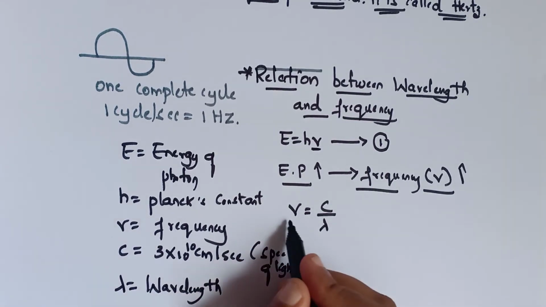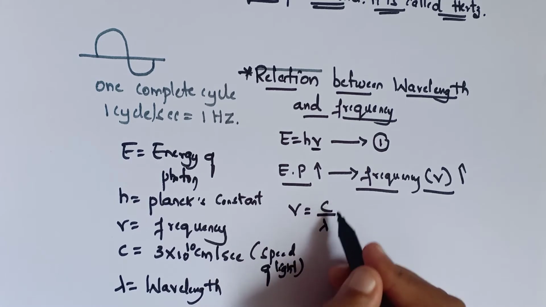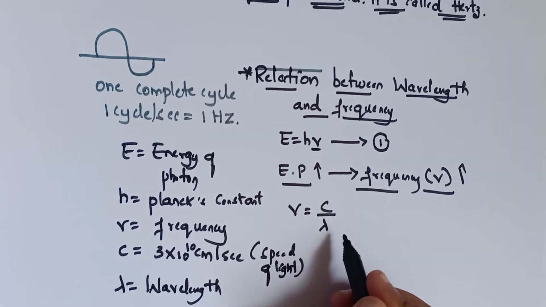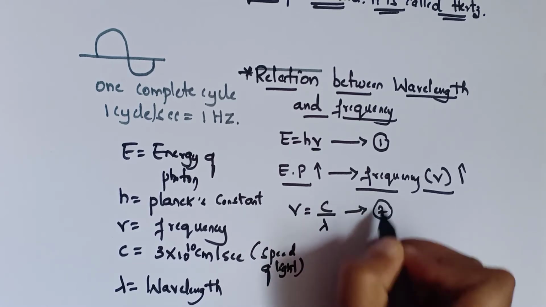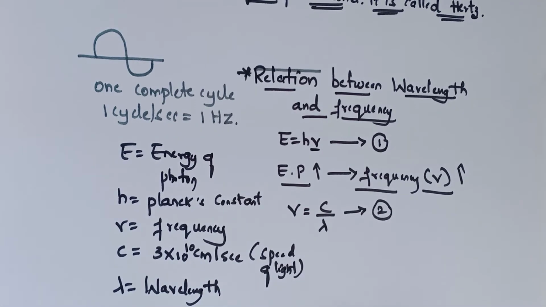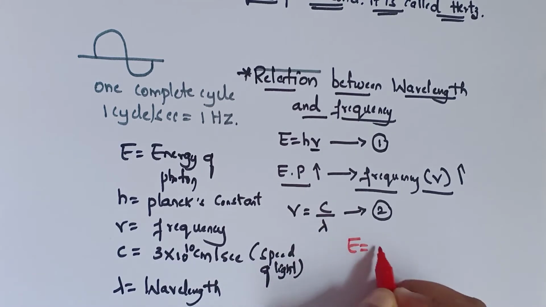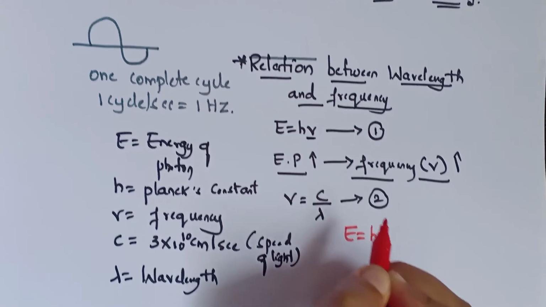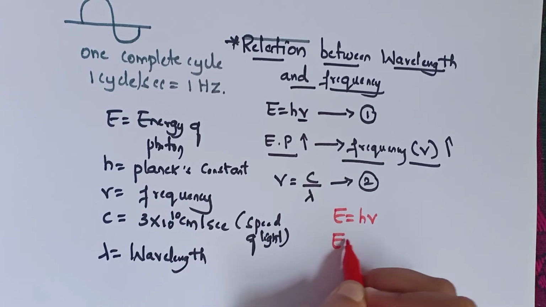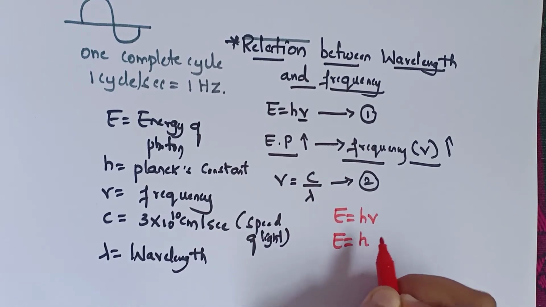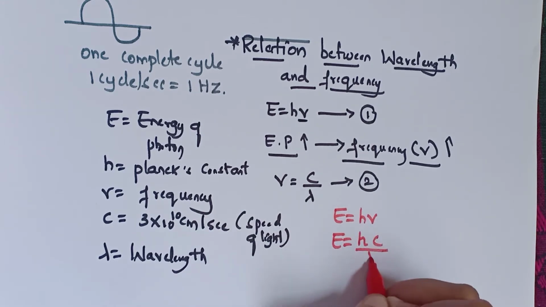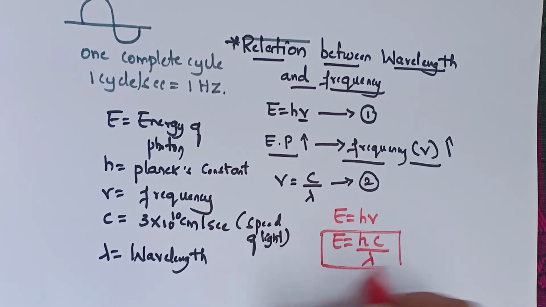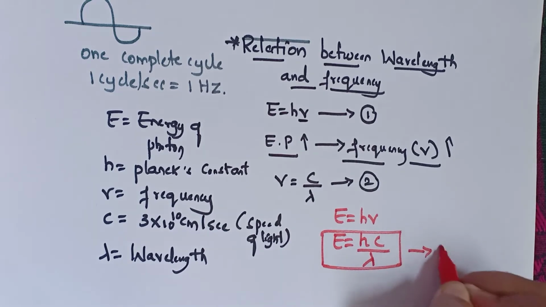That is, frequency is equal to speed of light by wavelength. Now let's name it as 2. Substituting equation 2 in 1. See here, E is equal to h nu, and here E is equal to h as it is. In the place of nu we are putting c by lambda and we are getting equation 3.